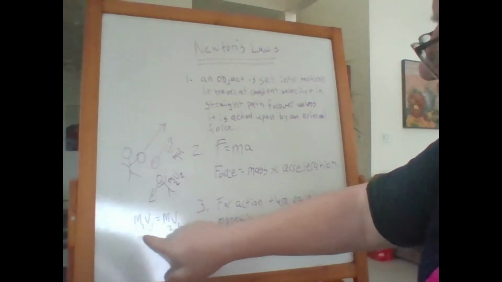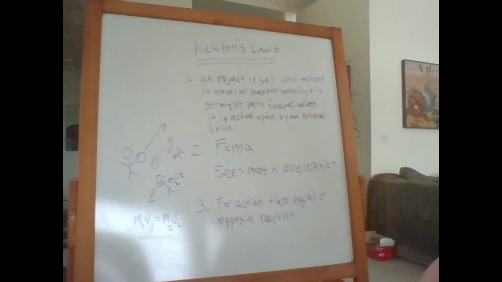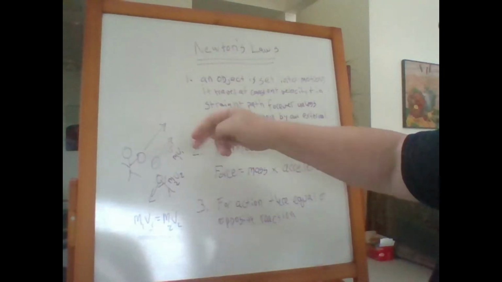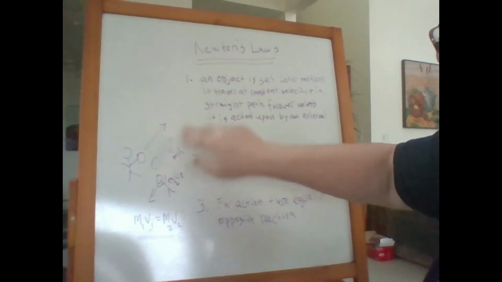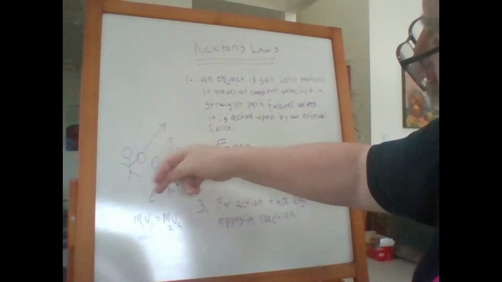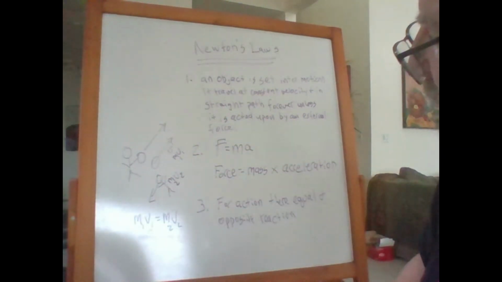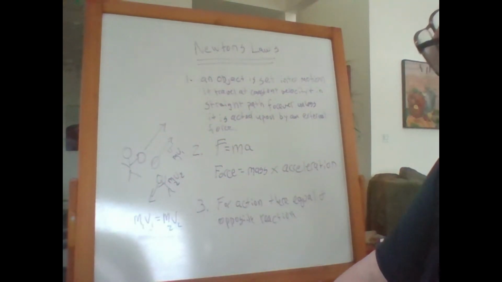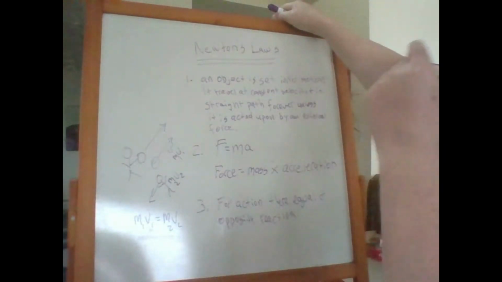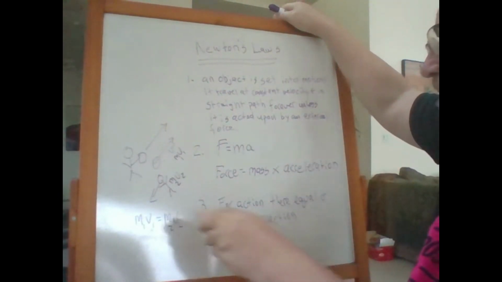But when you equate the two, it will be the same. So the ball's momentum in one direction when I release it will be equal to the motion that I experience in the exact opposite direction after I throw it. And so that's Newton's third law.